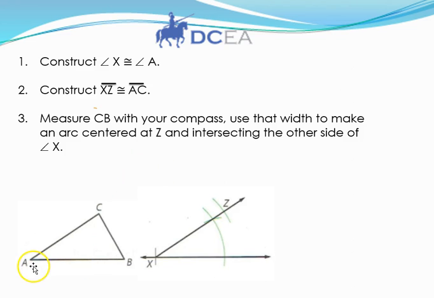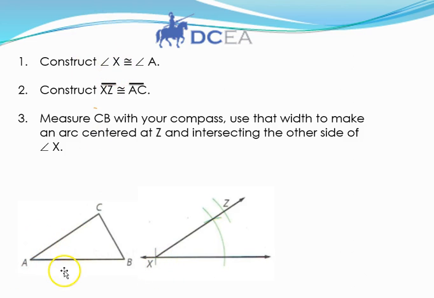So we begin with the same triangle ABC, and we draw line X. We construct XZ congruent to AC. Let me reverse that. You're going to copy angle X first.